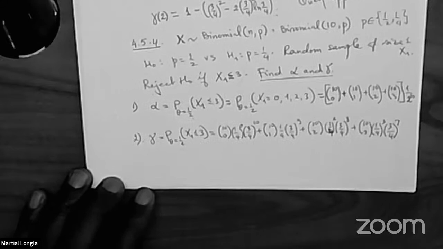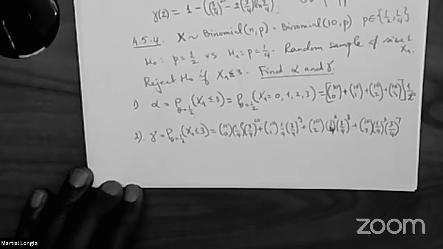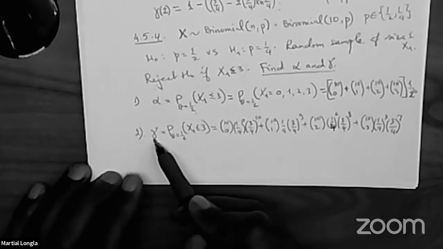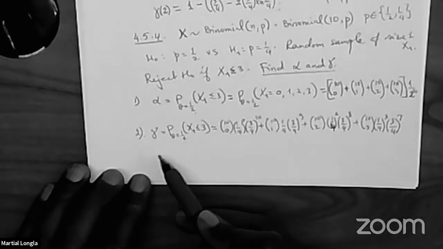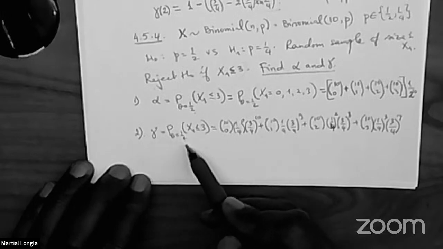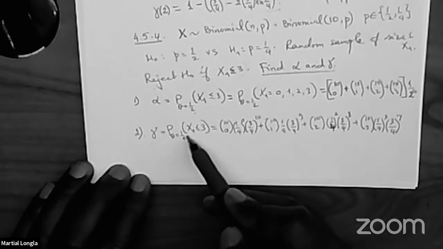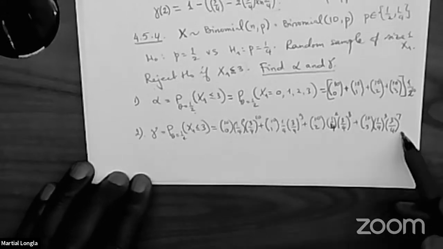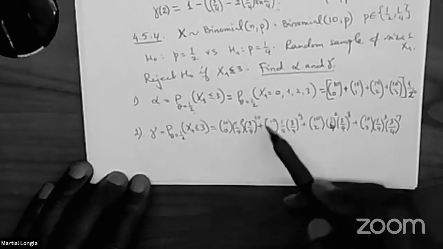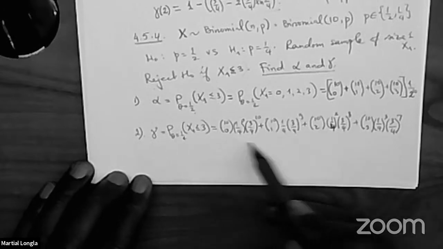It's a binomial sum of the probabilities. Then, second part, the power gamma. It's under the alternative then. Probability under theta equal 1/4 of that same critical region, x1 less than or equal to 3. It's the same formula, just that now p is different. p is 1/4. So it's 1/4 and 3/4 that you're using there. Questions?